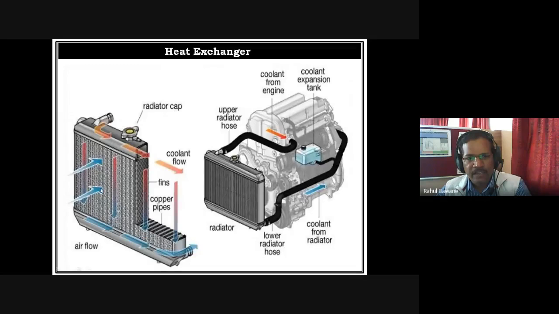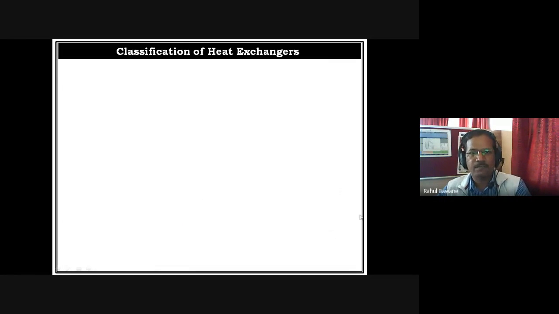So when air passes through these radiator fins, it extracts the heat from this hot water, and the water gets cooled down, and then the cold water is recirculated again to the engine. So this is a second very basic application of a heat exchanger. Now let us move ahead to the classification of heat exchangers.